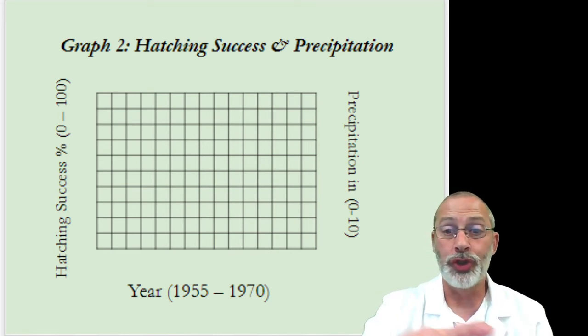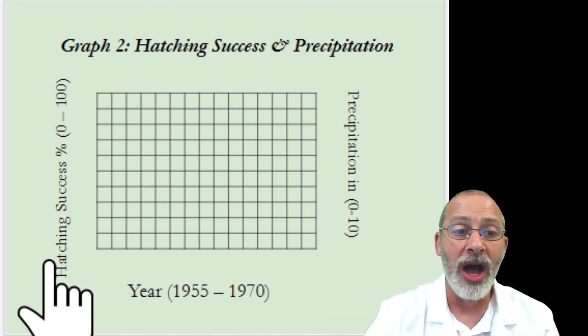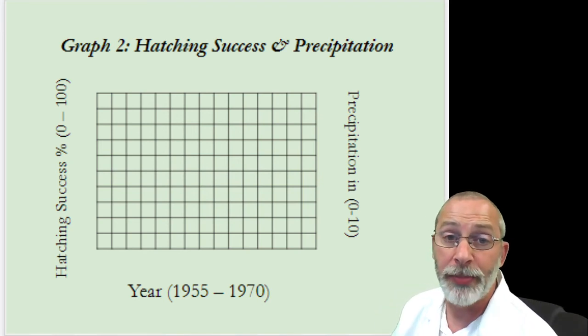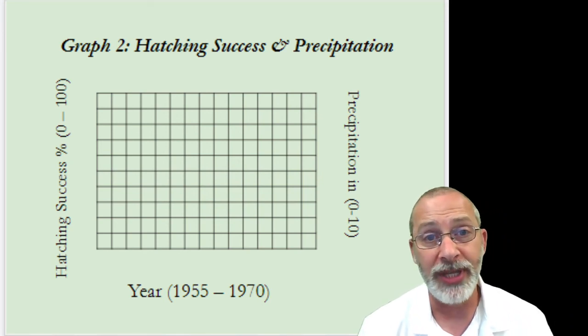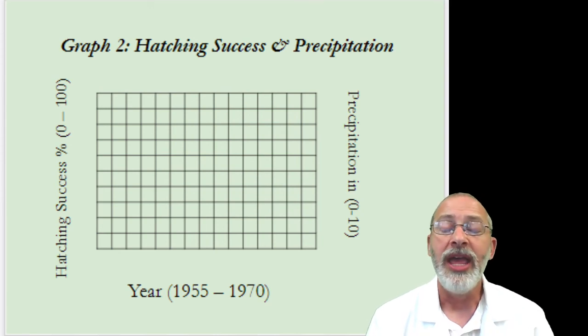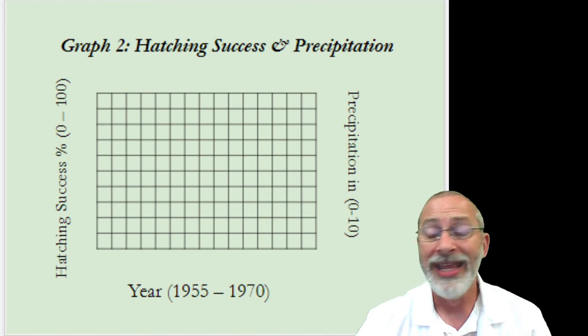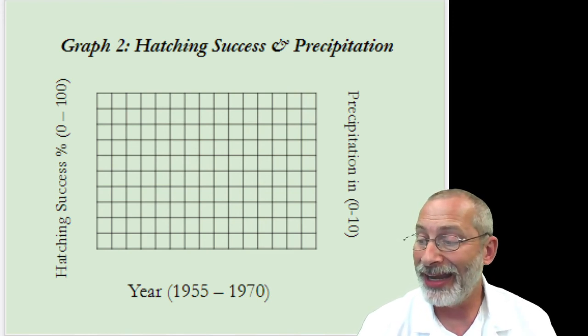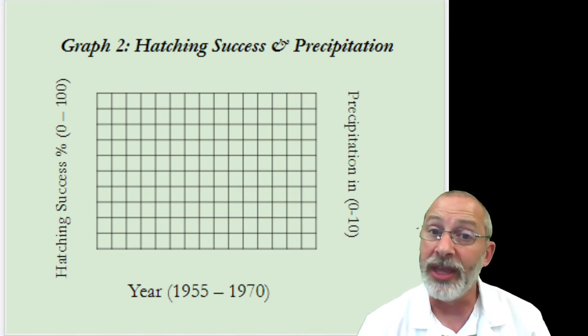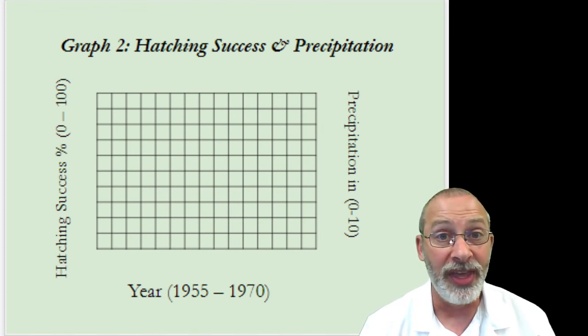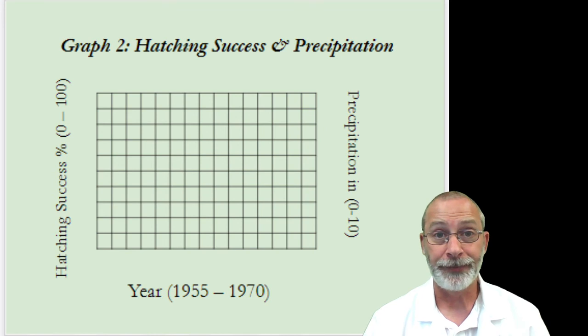So you're going to have two lines on this graph, one for the hatching success year by year, one for the precipitation year by year. And what you will need to do in order to make your conclusion is look at the relationship, if any, between the two lines on this graph in particular.